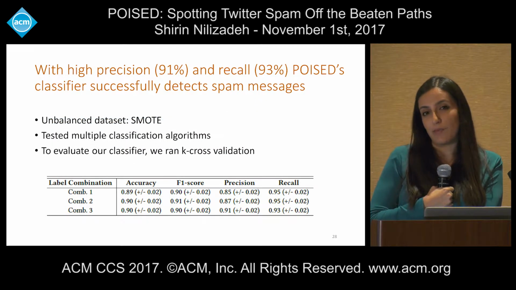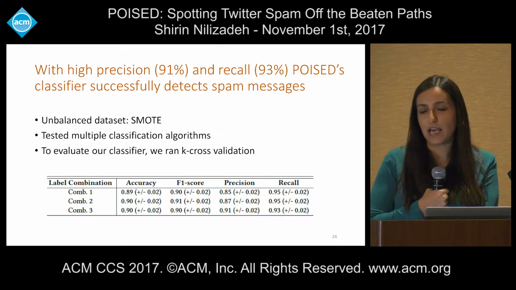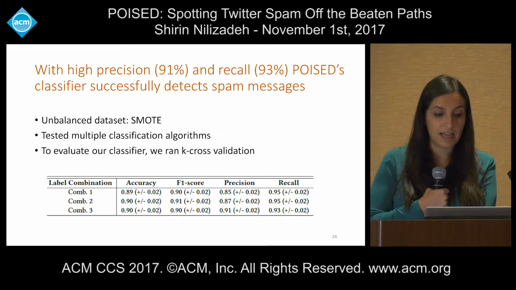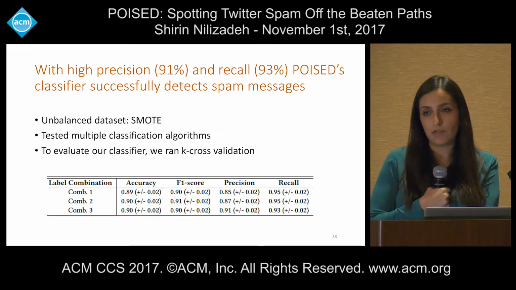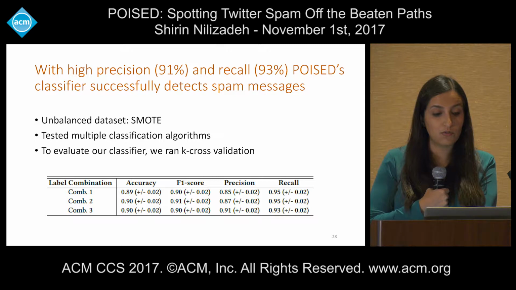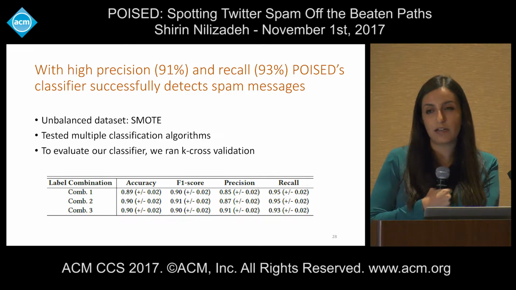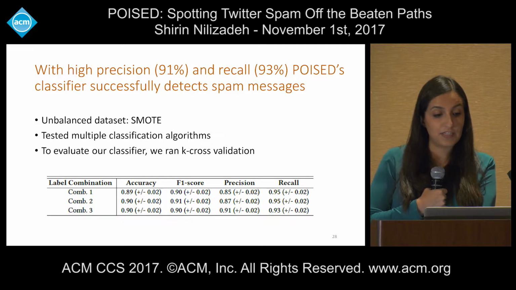The data set is unbalanced, and we have more benign messages than fake messages. So we use a very well-known oversampling technique to work with unbalanced data. It is called SMOTE. And we tested multiple classification algorithms: naive Bayes, SVM, random forest.